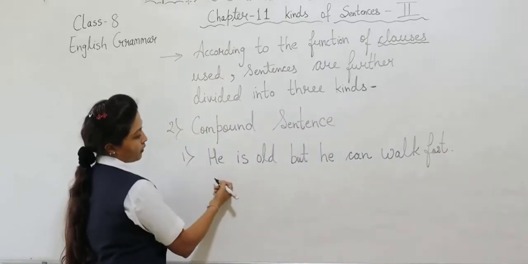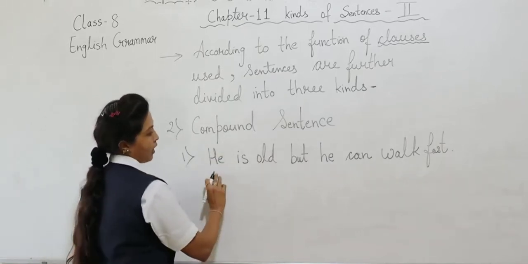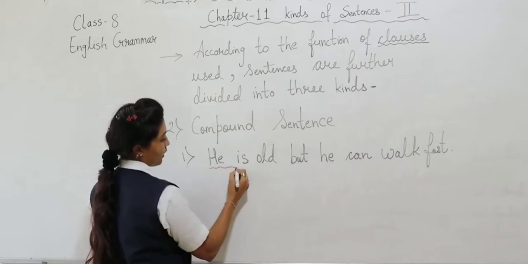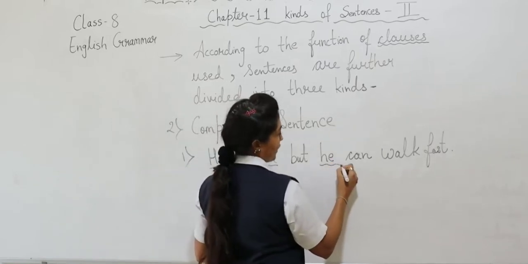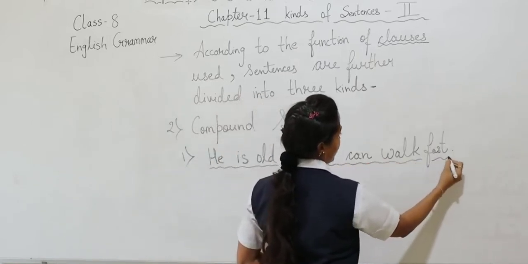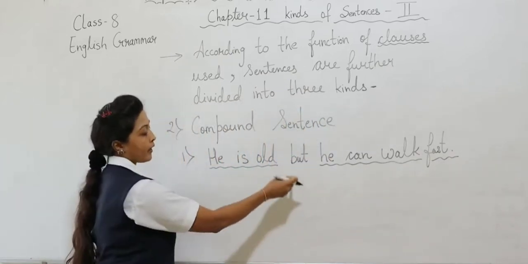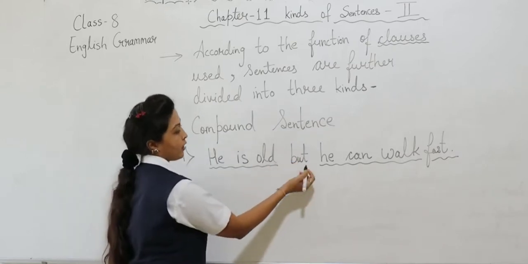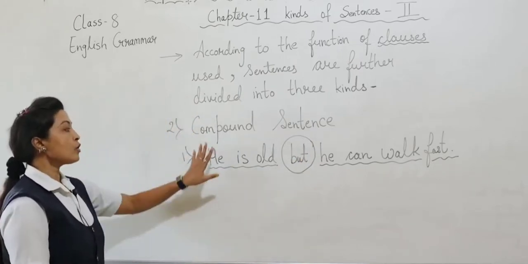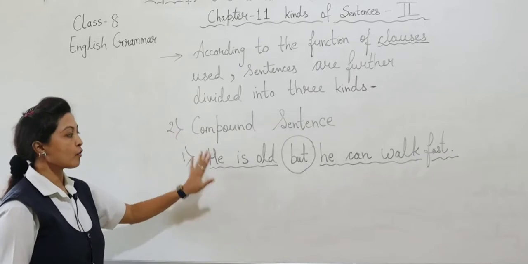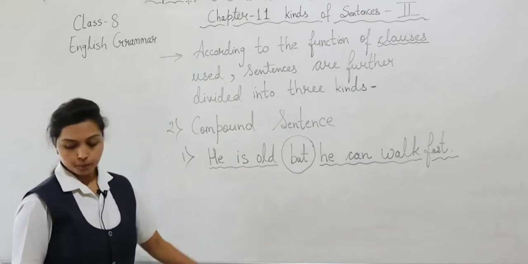Here in this sentence we can clearly see two parts in it. First one, he is old, and the second one, he can walk fast. These two parts are joined by the coordinate conjunction but. So a compound sentence must have two or more than two clauses.